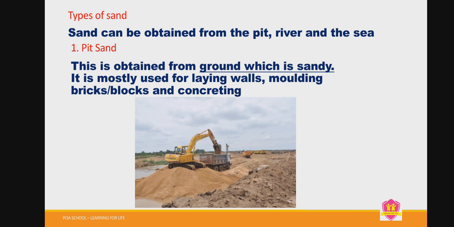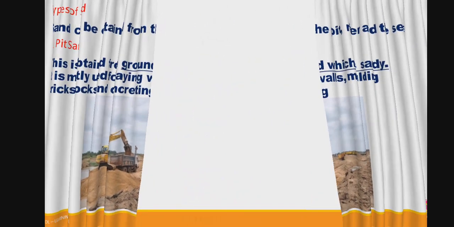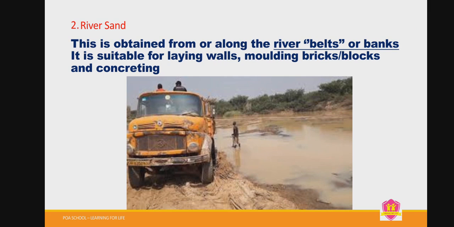After digging it out, it is suitable for laying and molding of bricks and blocks, and for concreting. The second type is river sand, mostly obtained along the river belt or banks. It is also suitable for molding, laying of bricks and blocks, and concrete work.